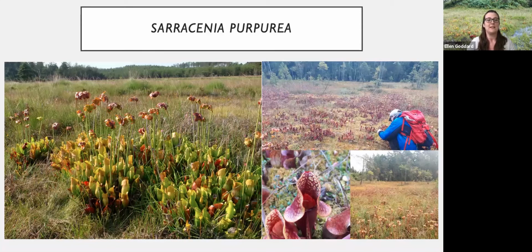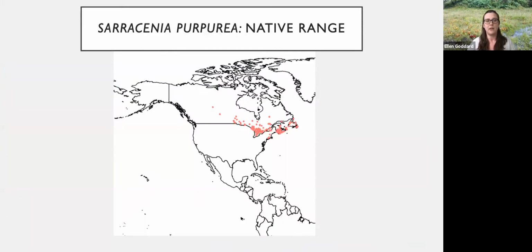And they tend to inhabit these bog peatland areas. So if you've ever been on a walk and you've ended up in a really mossy, wet place, probably actually full of carnivorous plants that you just probably haven't seen. But yeah, they tend to inhabit those kind of areas. It's actually native to North America, and it lives along the east coast of the US.